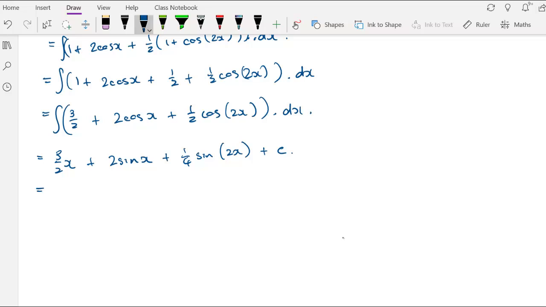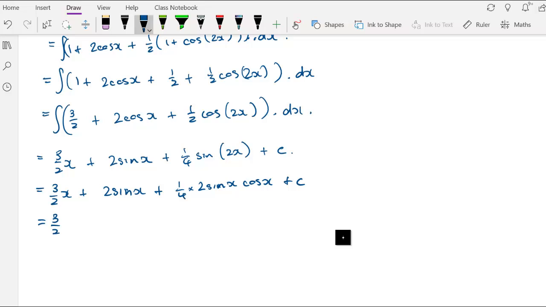Now we could leave it like that, or we could say this is 3 on 2x, our 2 sine x, and 1/4 sine 2x is 2 sine x cos x.